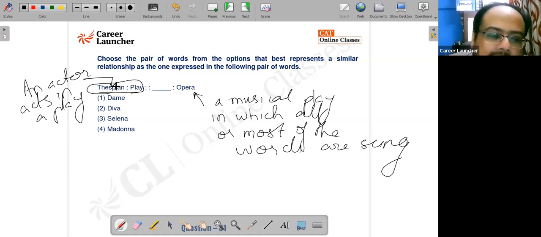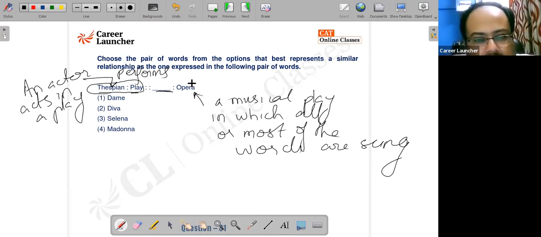So the relationship between these two words is that a thespian performs in a play. Now I'm looking for a word about who performs in an opera. And what is an opera? Where words are sung. So I'm referring to a person who is a singer in an opera.